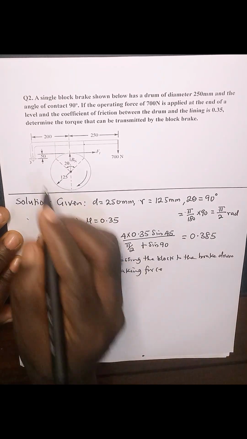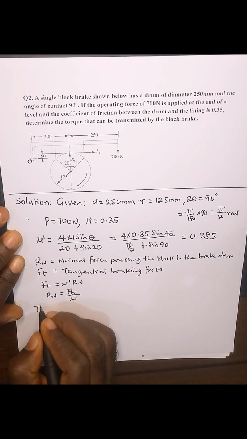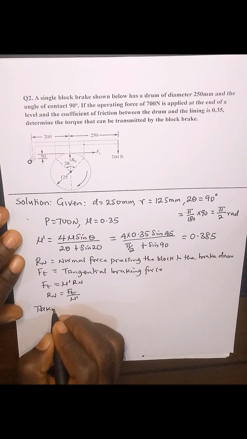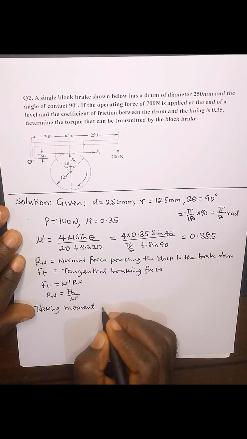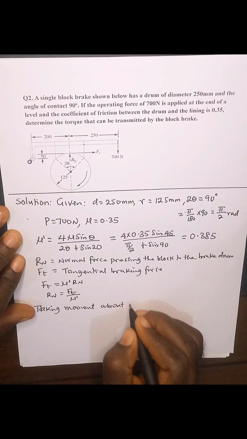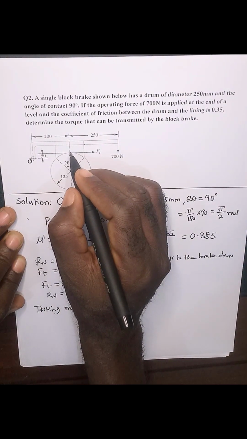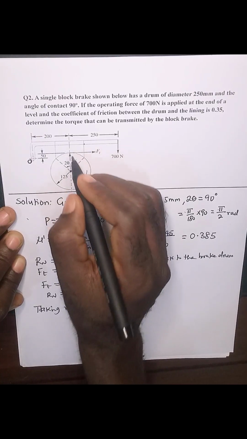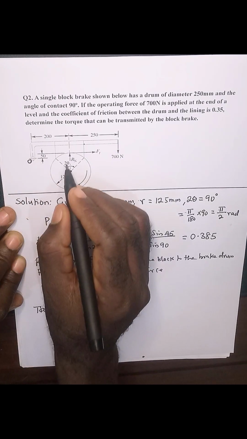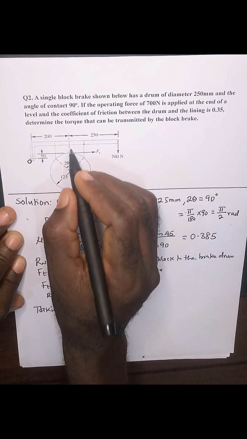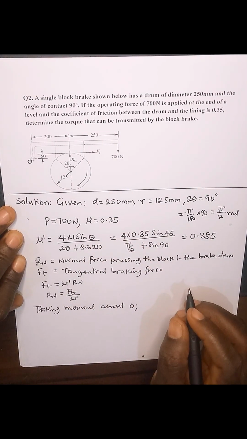Then let us take moment about this point O, about the fulcrum. Taking moment about O. Now we have 3 forces here. The normal force is acting upward and to generate anti-clockwise moment, and its perpendicular distance from point O is 200 mm.